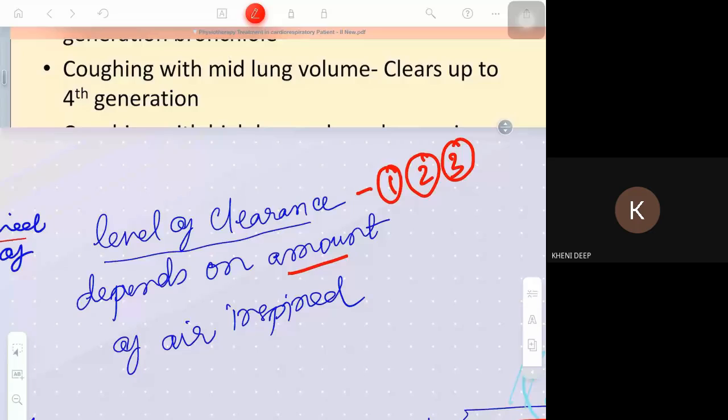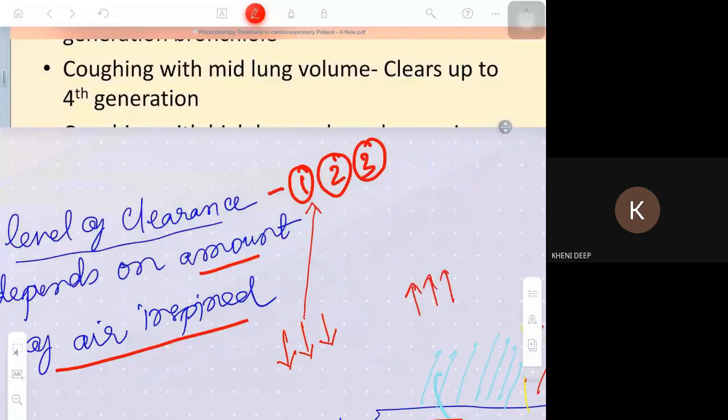If the amount of air inspired is high, it will clear 1. If the amount of inspiration is less, it will clear 3, that is smaller airway. And if it is in between, then it will clear middle airways.